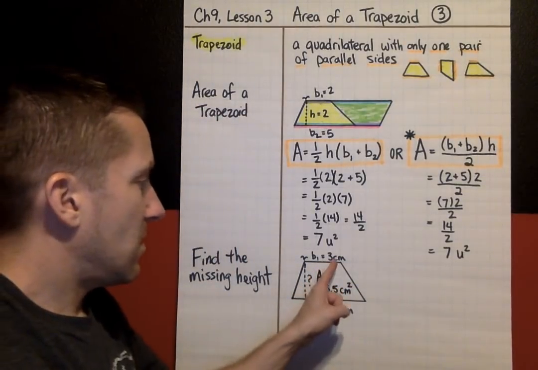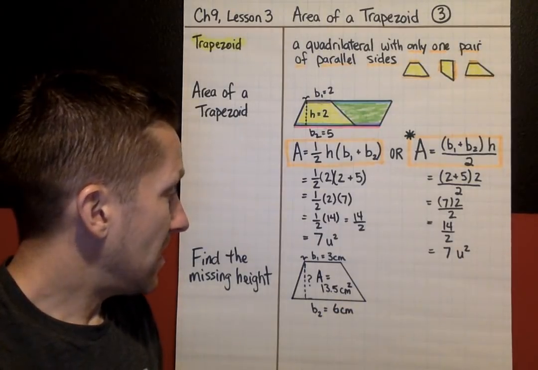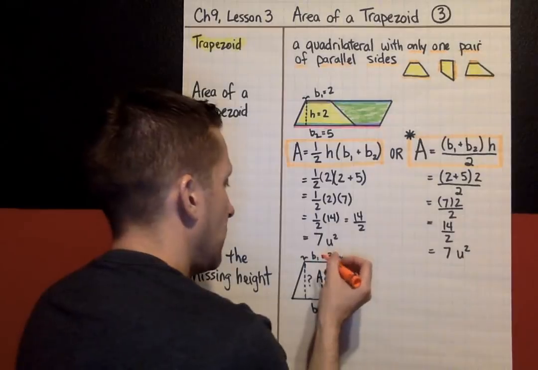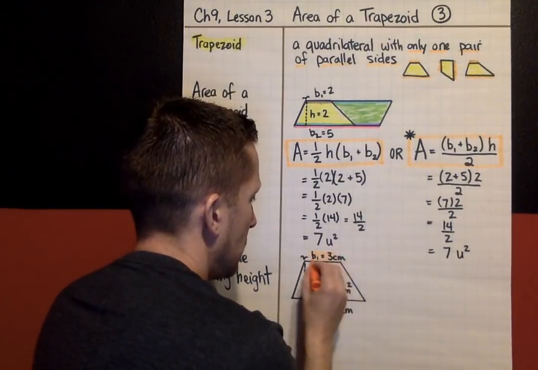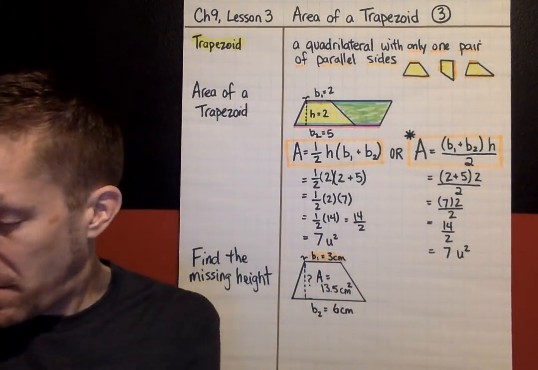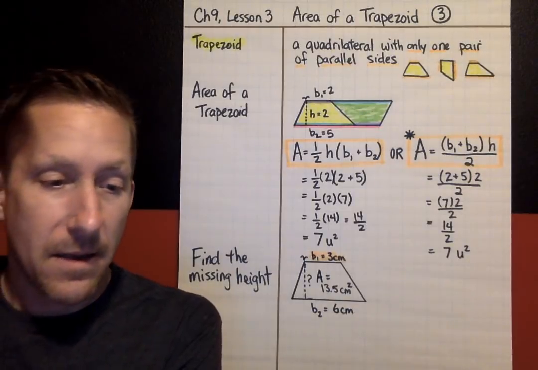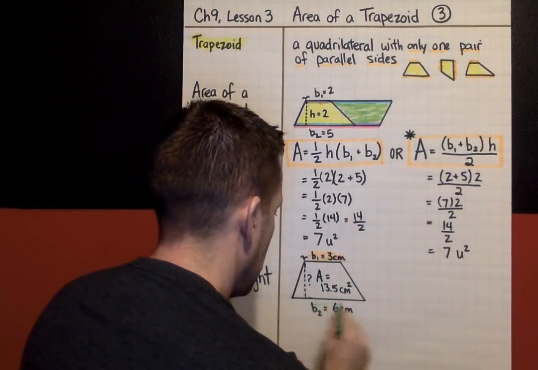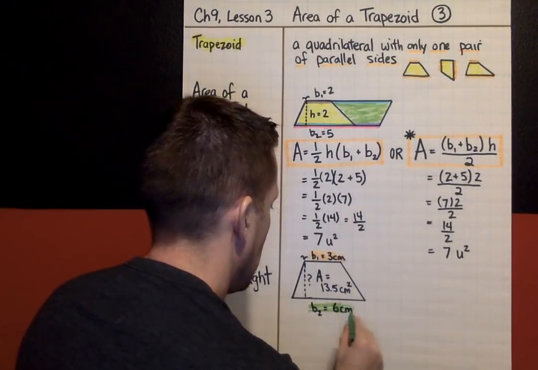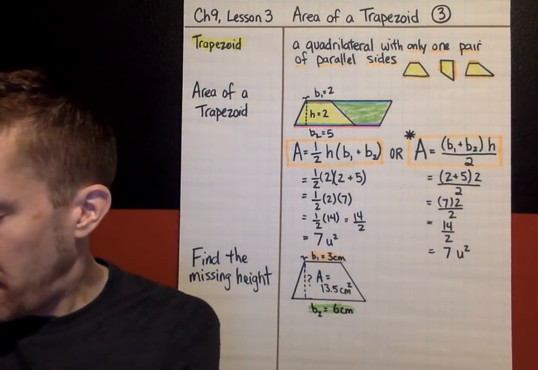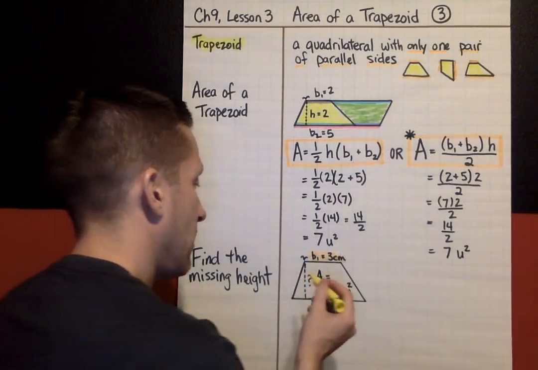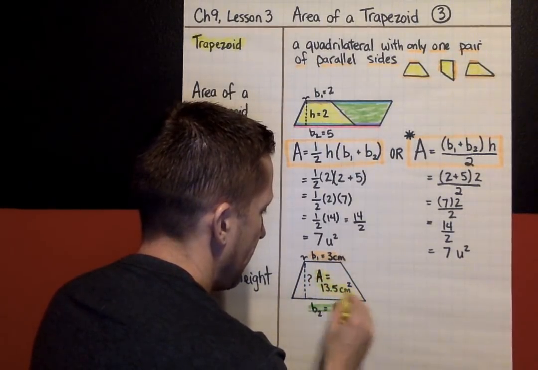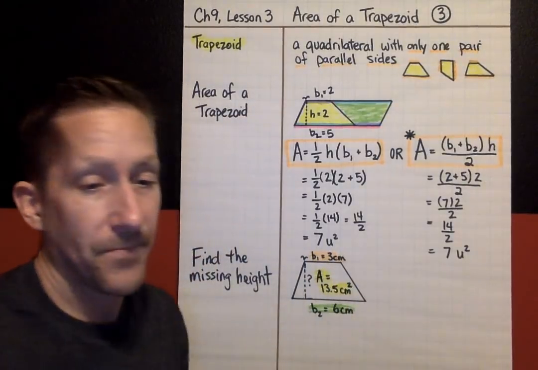So this time I know the base 1, and I'll highlight these. We know base 1 is 3 centimeters. We know that base 2 is 6 centimeters. And we know the area of this trapezoid. The area is 13.5 centimeters squared.